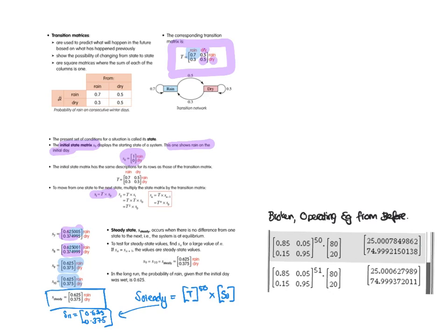In the one before with the operating and broken scenario, I've raised the T to the high power times S0 to get the steady state. So here's the steady state for that. I could say eventually what this company would see is 25% of the machines operating and 75% broken. And just to prove it, when you have to prove steady state, we really should do the one after so that we can see that the numbers are not changing and that we've reached the steady state.